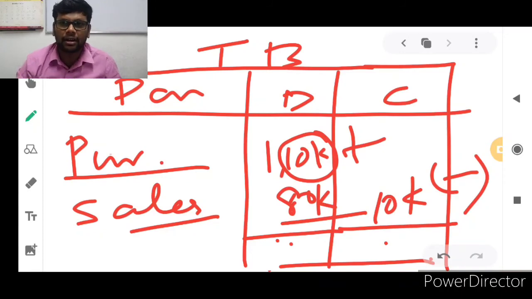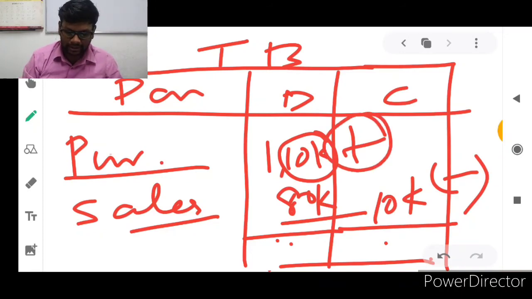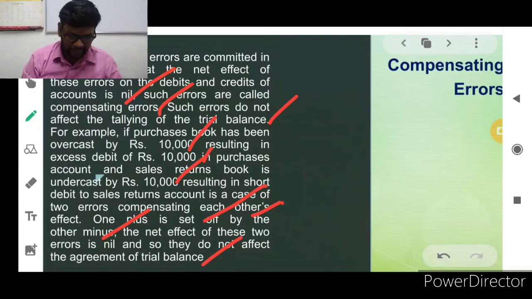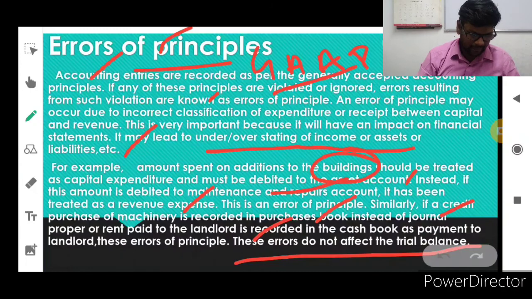This error will not affect the trial balance, because 10,000 plus and 10,000 minus will equalize, isn't it? So these kinds of errors will not affect the trial balance. It is a compensating error. One error is compensating another error. Can you get my point? It is a compensating error, and the previous one is an error of principle.